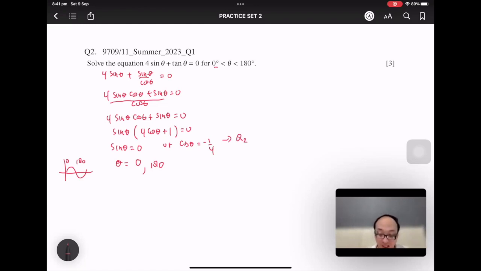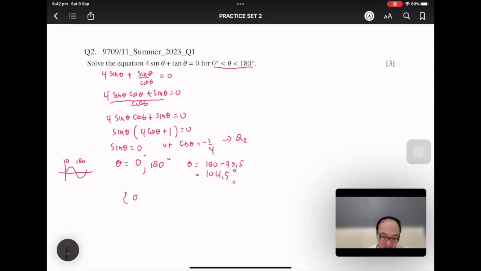But since theta is only between 0 and 180, we only take the second quadrant. And the result for the cos inverse 1 over 4 in the second quadrant is 180 minus 75.5. So 104.5 degrees.